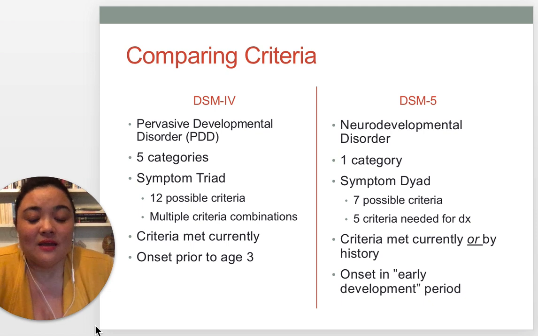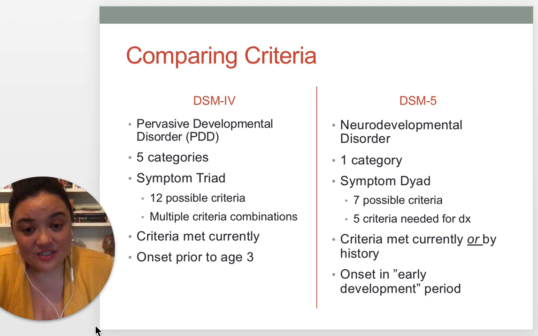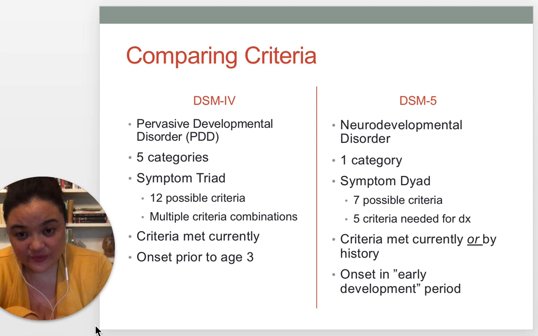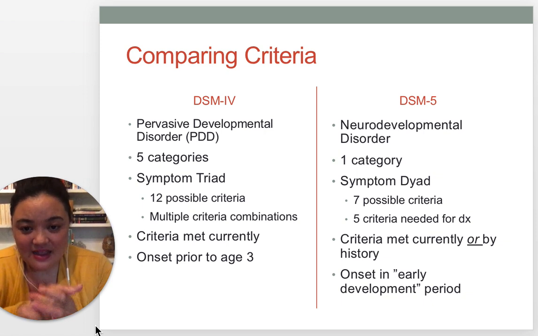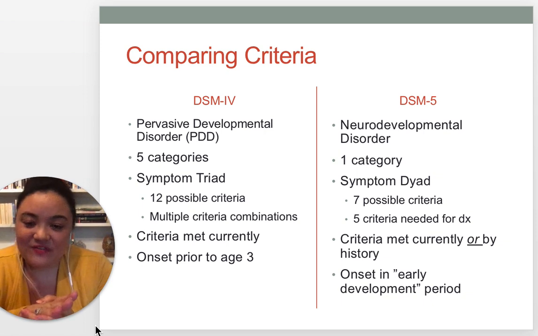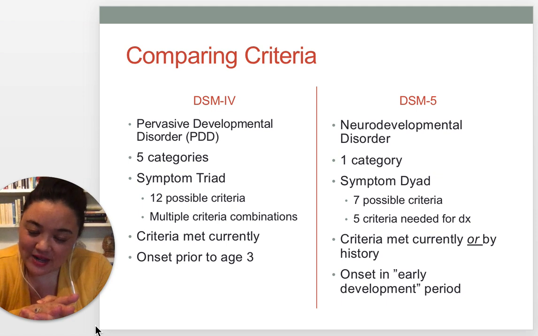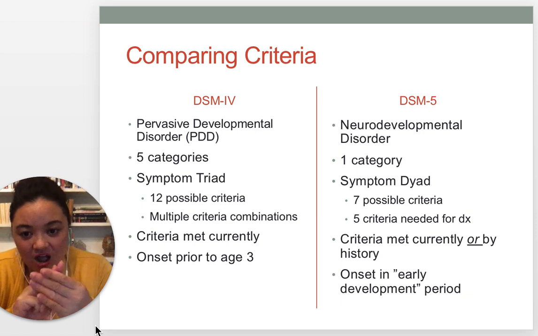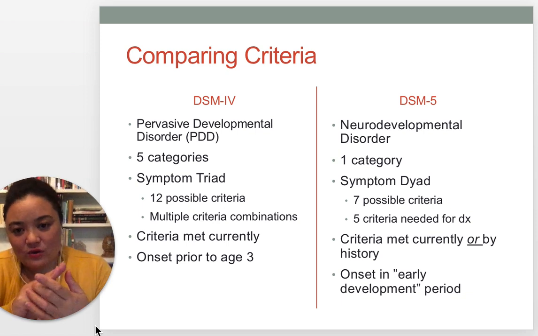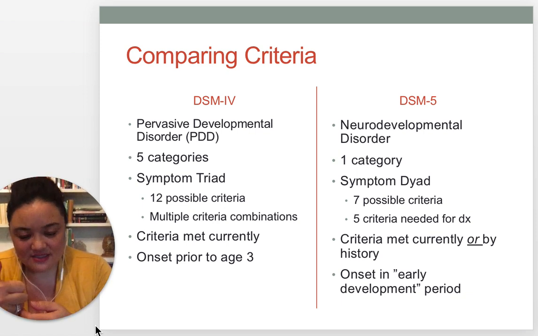Right? Under DSM-4, there were 5 categories under pervasive developmental disorder. The 3 that were associated with autism spectrum disorder were Asperger's syndrome, autistic disorder, and pervasive developmental disorder not otherwise specified. The other 2 categories that were under PDD but not considered part of the autism spectrum were childhood disintegrative disorder and Rett syndrome.